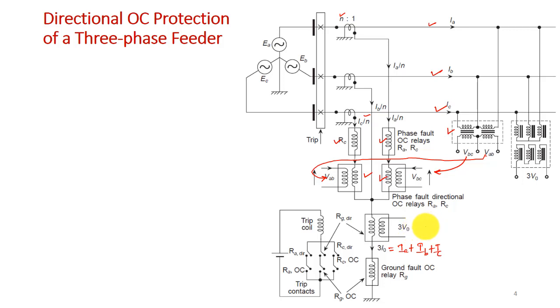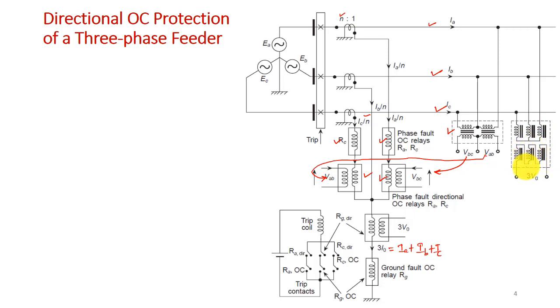So 3V0, how will we get it? 3V0 will be obtained from these potential transformers. Here we can see that these are the transformers, the three-phase transformers' phase windings, right? There the primary side is connected in parallel, and the secondary side is connected in series.